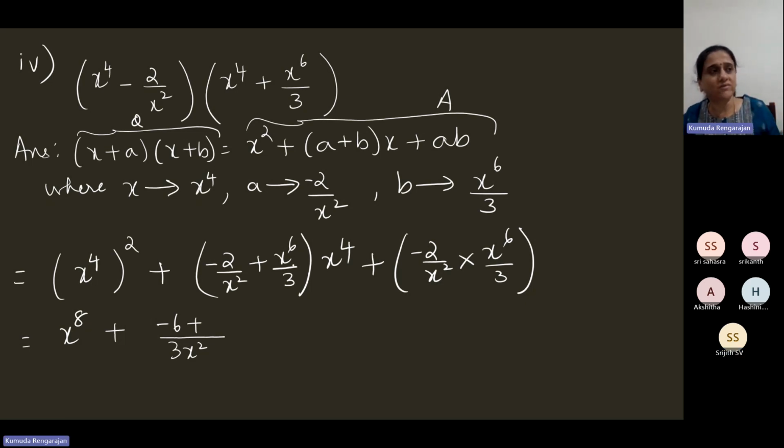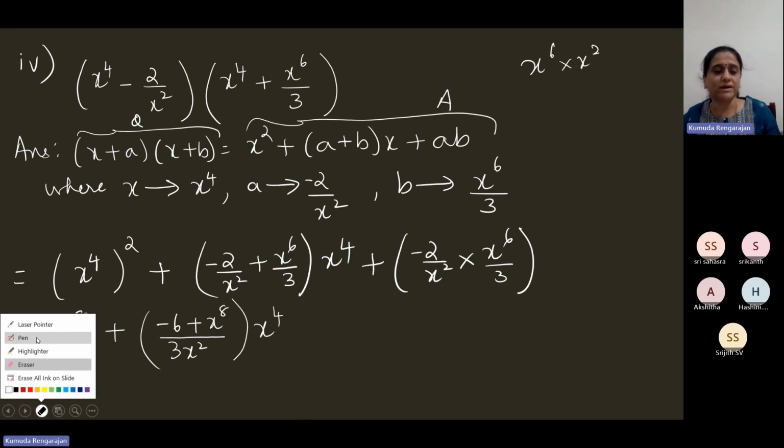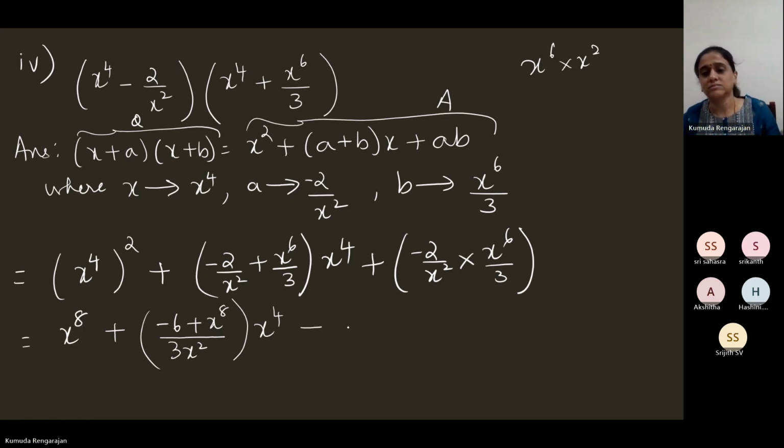We should multiply the numerator with x square. So x to the power 6 into x square, add the powers, x to the power 8, into x to the power 4, which is outside. Plus into minus is minus 2 by 3.